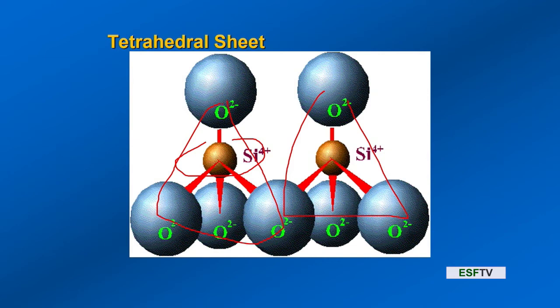This is referred to as a tetrahedral sheet. These are covalently bonded. The silica in this silica tetrahedron shares an oxygen with its neighbor, so they have this oxygen in common, and covalently they form these beautiful silica tetrahedral sheets.